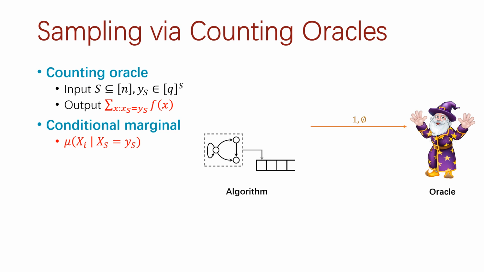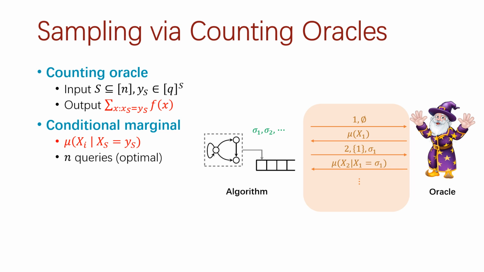First, it asks for the marginal distribution of x1 and generates a sample sigma 1 for x1. Then it asks for the marginal distribution of x2 conditioning on x1 equaling sigma 1 and generates sigma 2 for x2. By repeating this process n times, we get a sample sigma 1 to sigma n.